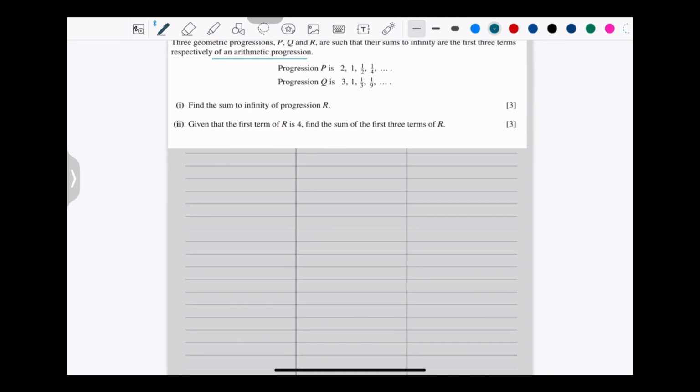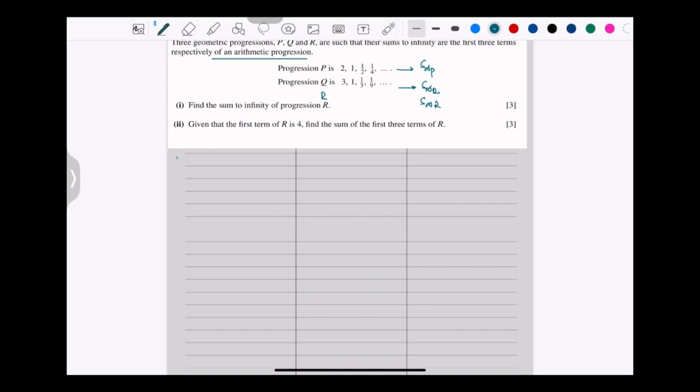So let's try to make a rough sketch of what the question is asking for. It says that the sum to infinity of p, the sum to infinity of q and the sum to infinity of r are the first three terms of another arithmetic progression.